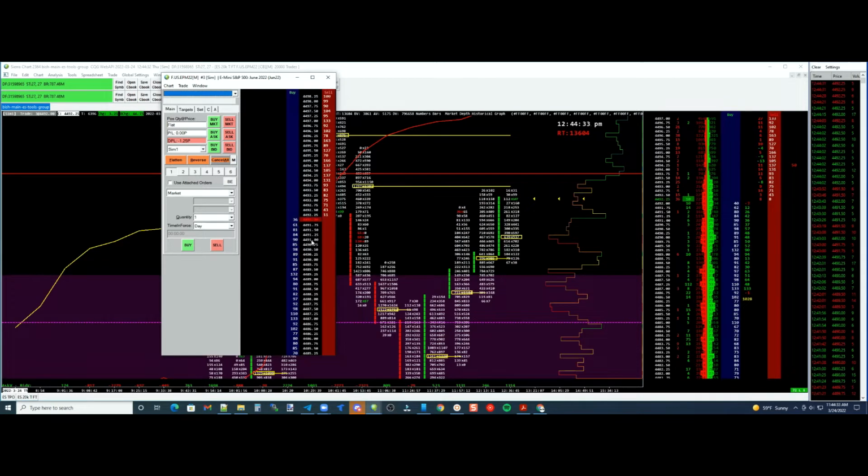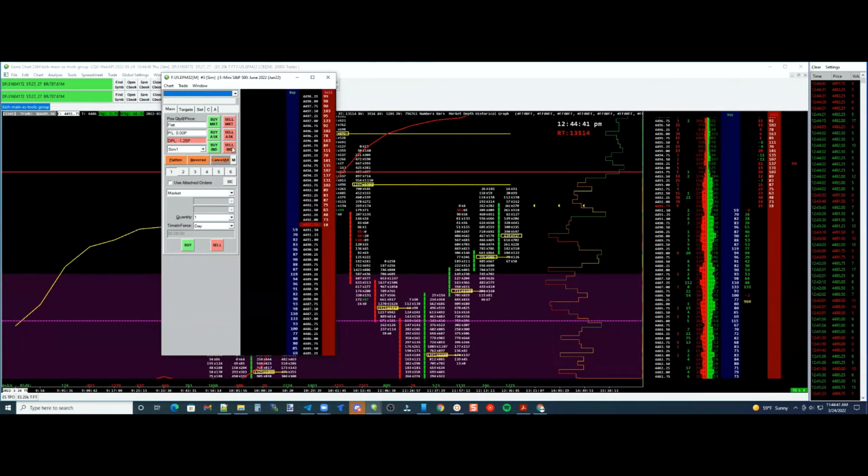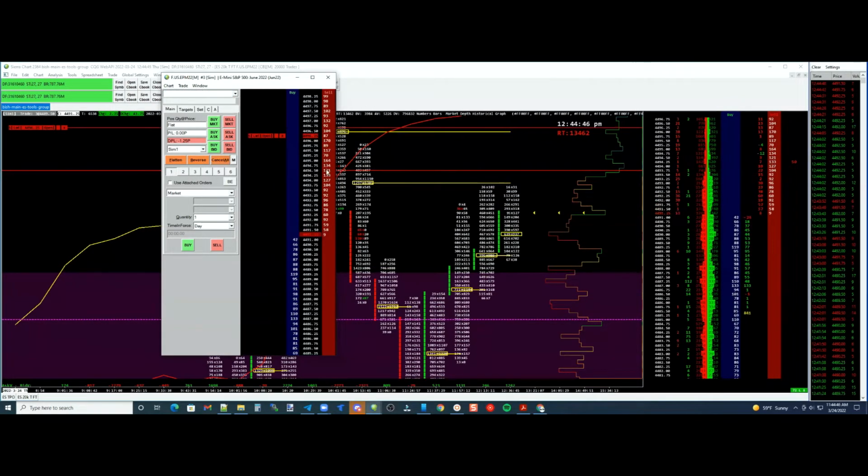So this particular DOM works exactly the same, but now instead of having to click buy the ask or sell the bid, you can come in here and click and put an order in. So you can just click up here and say, all right, if it gets to 44.96.25, I want to go ahead and get short.